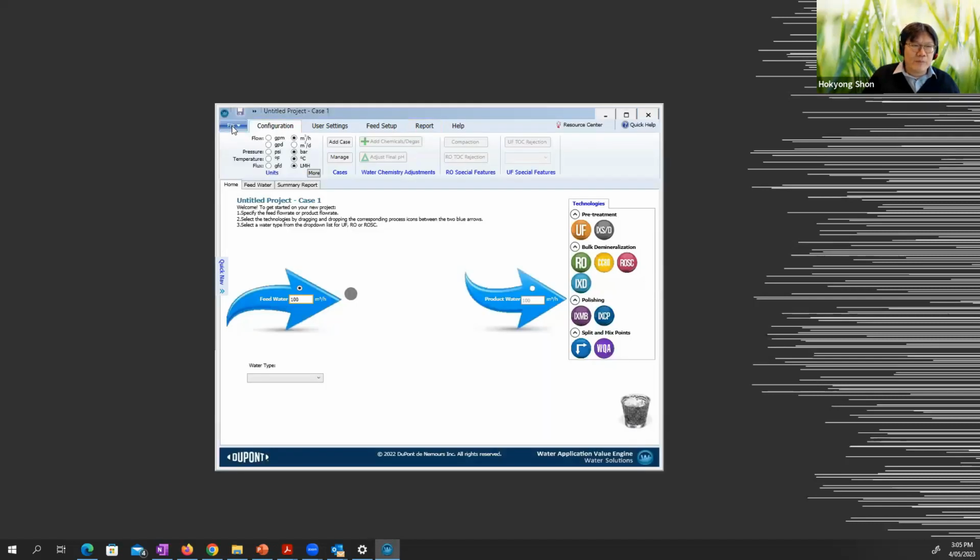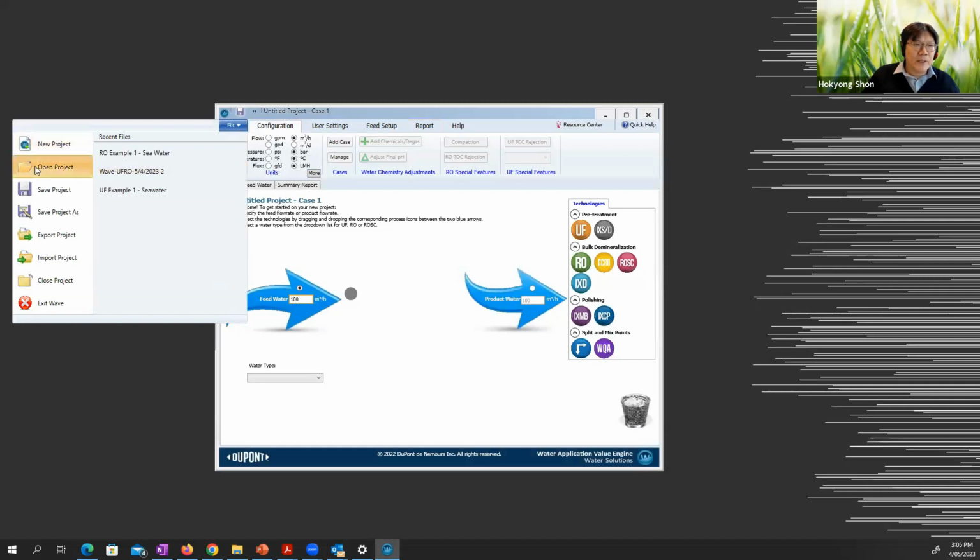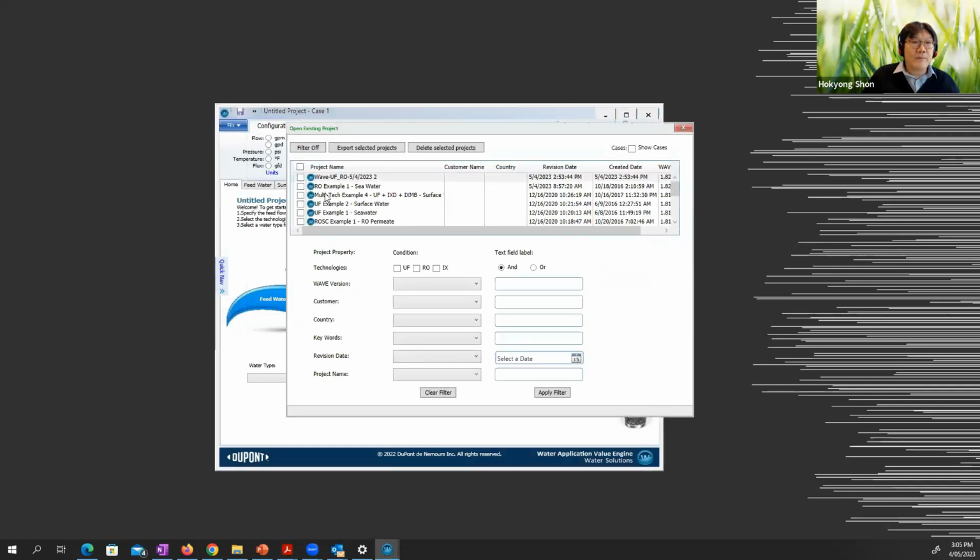I have several examples. One example, the most simple example, I could say. Okay, you can open your project here. Most general, our example, seawater. So you can just open this one.